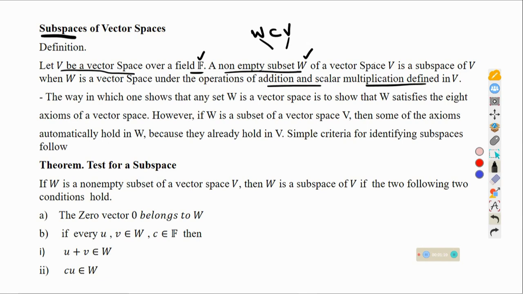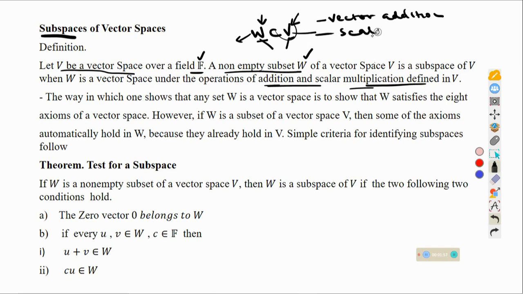So to talk about this definition, if you have a vector space V and a non-empty subset W, then we shall be able to call W a subspace of V when W satisfies the two conditions, that is, addition and scalar multiplication, that are already defined for V. Because V is a vector space, it means there is vector addition and scalar multiplication.